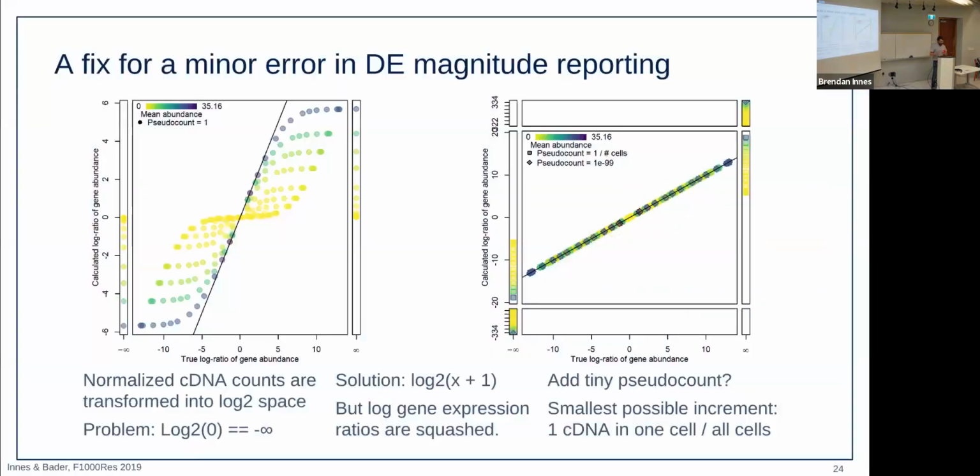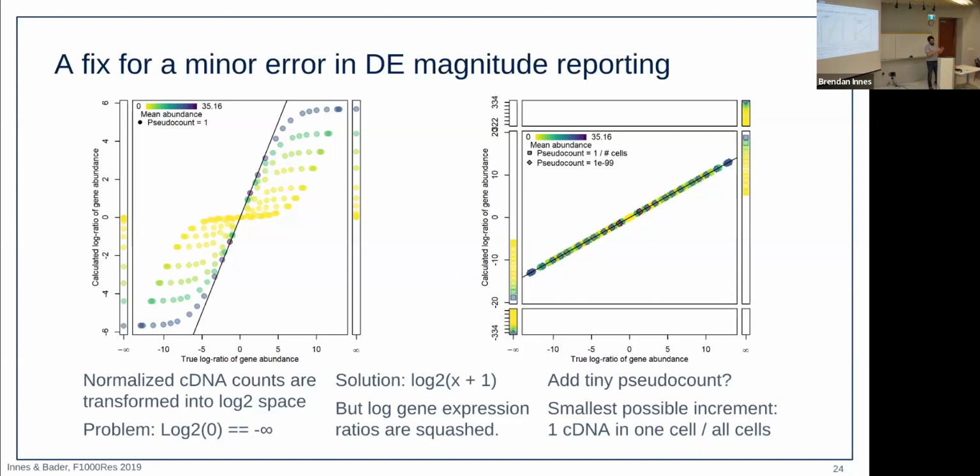Anyway, the thing I noted is that when we do our differential expression, or when we do our normalization, actually, we log transform our count data for reasons. It's a variance stabilizing transform that's happened historically in bulk RNA-seq, and so we keep doing it.